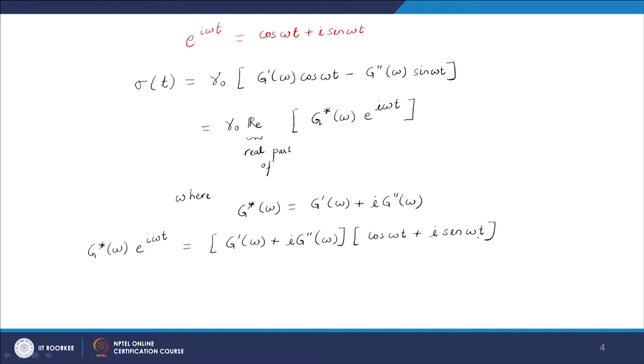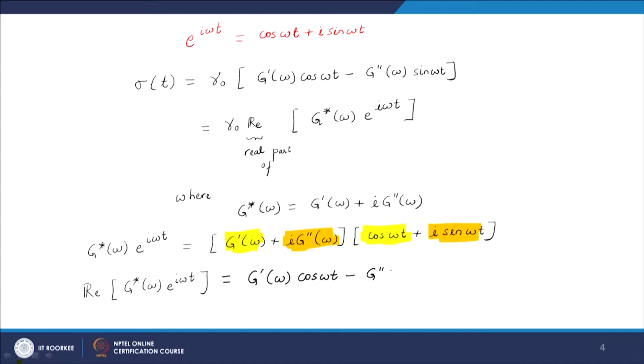If I look at the real part of this, the first term will come from the multiplication of this and this, and the second term will come from multiplication of this with that, because I multiplied by I is minus 1, and what we do get is G prime omega cos omega t minus G double prime omega sin omega t.